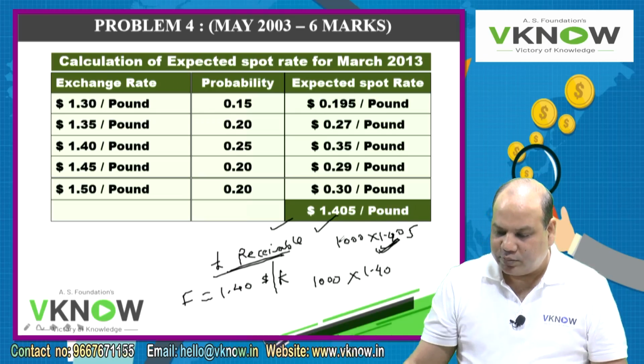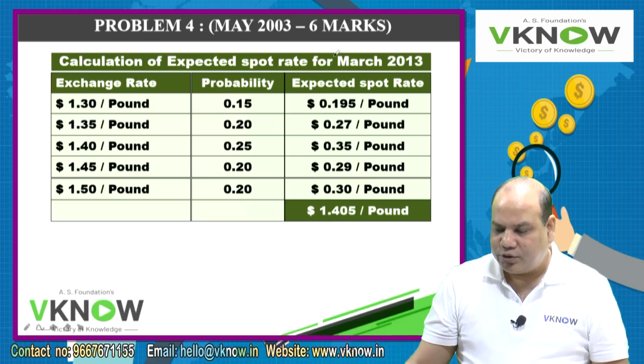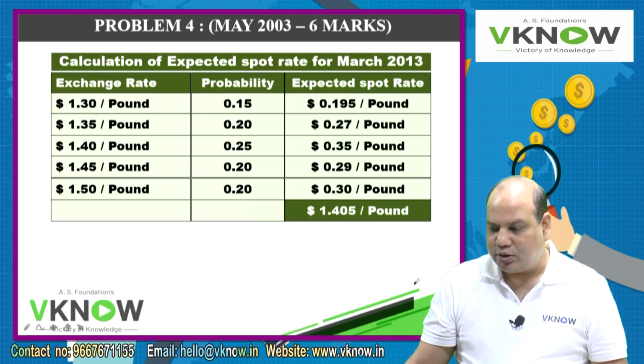So you'll get more dollars on conversion of pound as per the expected spot rate and less under the forward contract. So your answer will be that we should not hedge. We should not enter into a forward contract because the expected spot rate is higher.